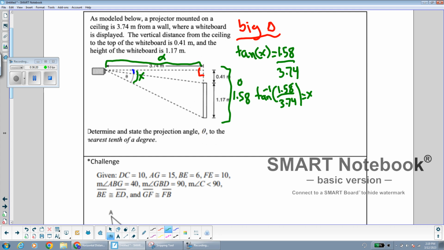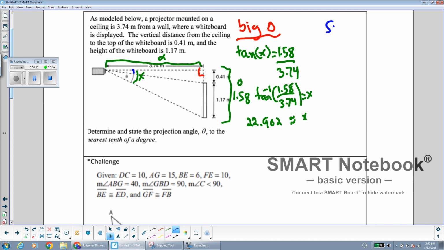So in my calculator, second tangent, let me get my fraction button, 1.58 divided by 3.74. Okay, so x is approximately 22.902. I want to keep a couple of decimal places to the end. If you round early, it actually might impact your answer at the end. So that's the whole big angle.